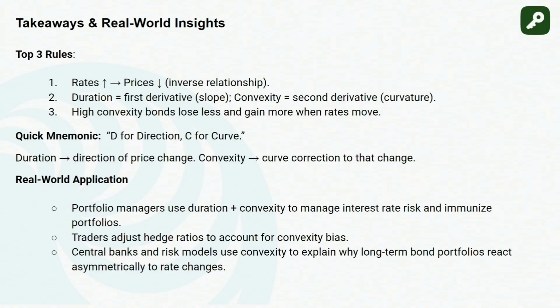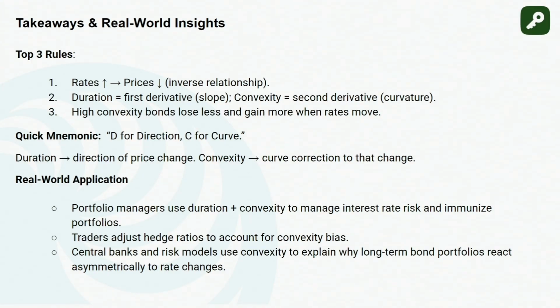This is because of the value of that option embedded in a bond. So remember, for bonds with call options, which is the right to redeem that bond at the issuer's option, as rates fall below a certain point, bonds start to exhibit negative convexity as bond prices appreciate up to and at that call.